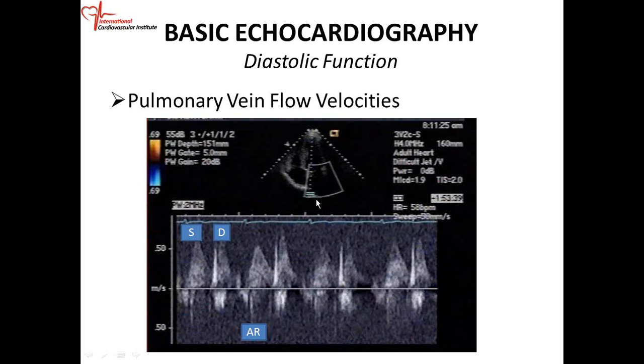The pulmonary veins drain into the left atrium, and you have the right lower pulmonary vein there. The left lower is right over here. Remember, it's a pulse wave Doppler. You line up your cursor here, and the sample volume is about 1 centimeter into the vein, and you just turn your Doppler on.